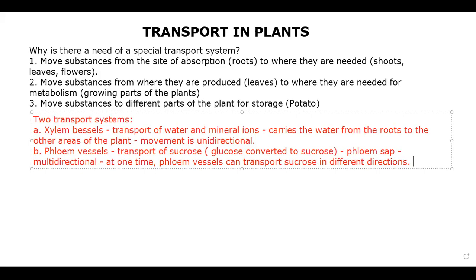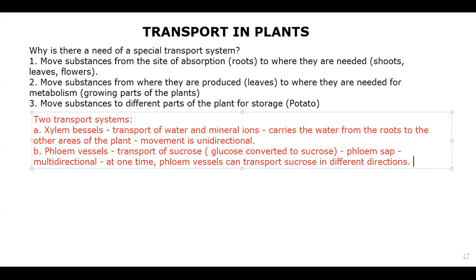Before we go over what a xylem vessel and a phloem vessel look like, we actually need to go over the structure of your stem, the structure of roots, and the different parts of these structures. So we first need to go over the structure of leaves, roots, and your shoot, your stem, and then we can take a look at the special structure we see in xylem vessels and phloem vessels.